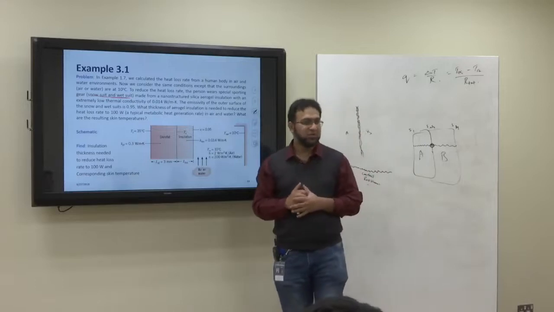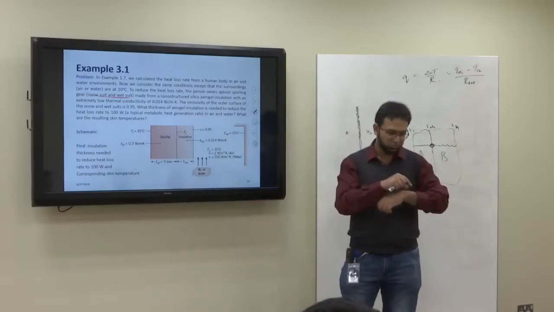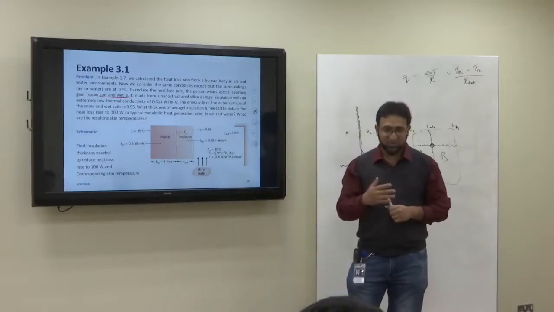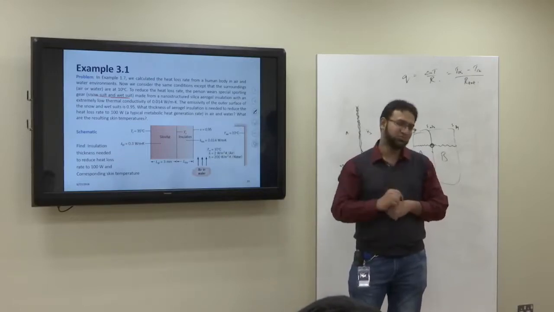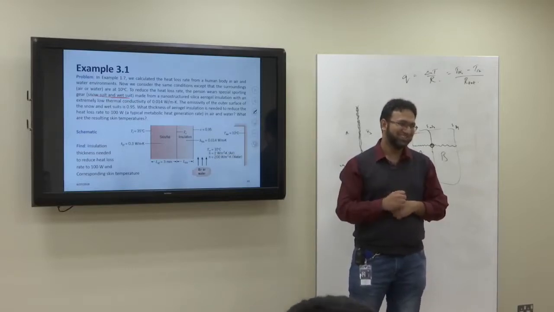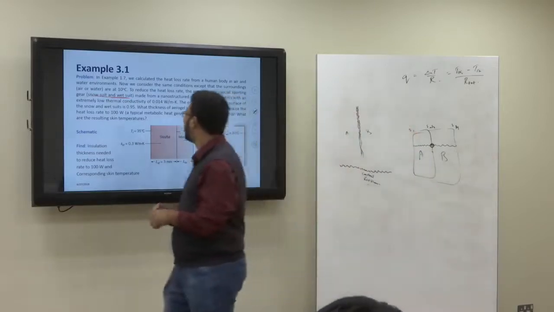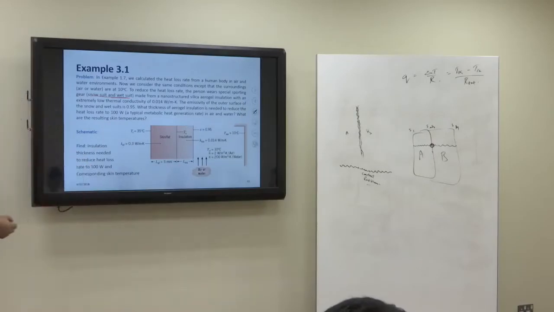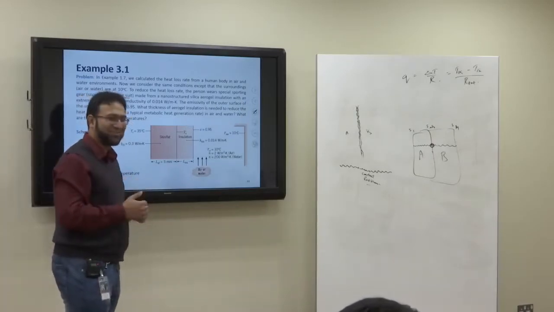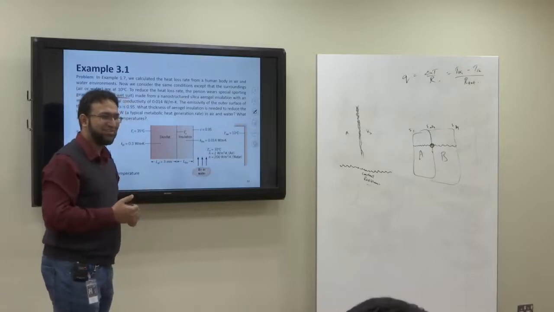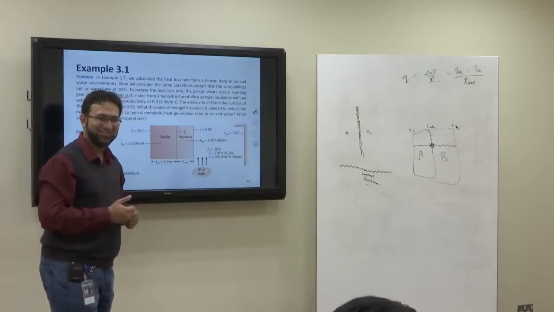So as engineers, we need to determine what should be the thickness of that suit. How thick should this suit be? If you say 2 millimeter, then you're wrong actually, because when the solution is done, you'll find it's about 4 point some millimeter.